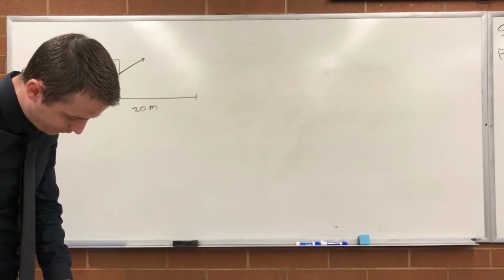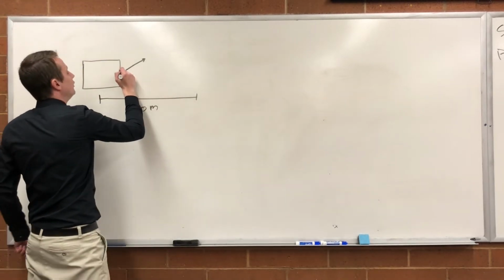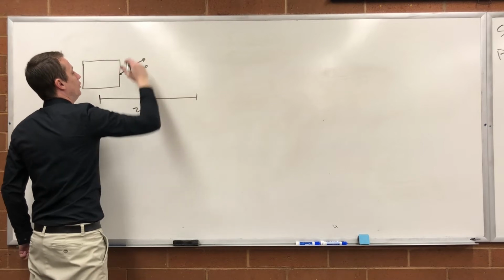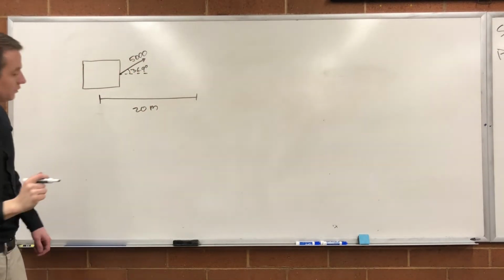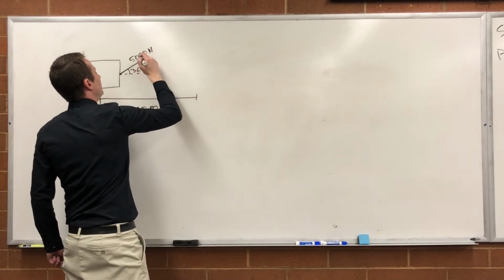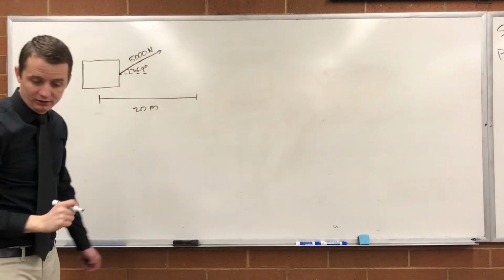Let's see. The angle is 36.9. So our angle here is 36.9 degrees. The tractor is pulling with 5,000 newtons. And let's see.